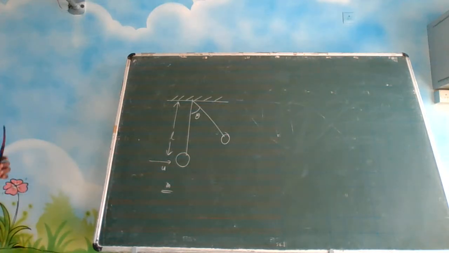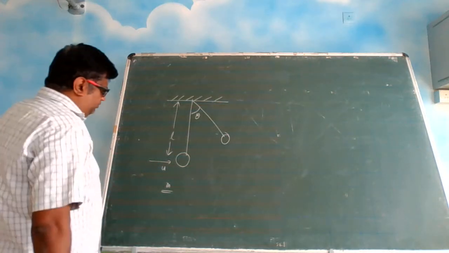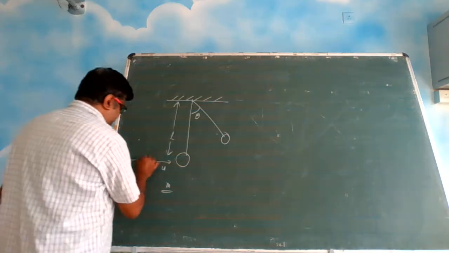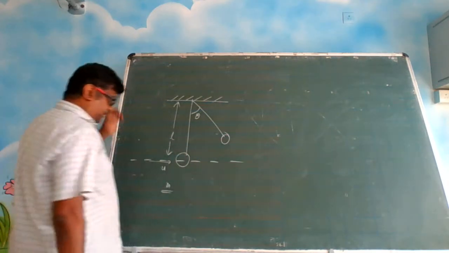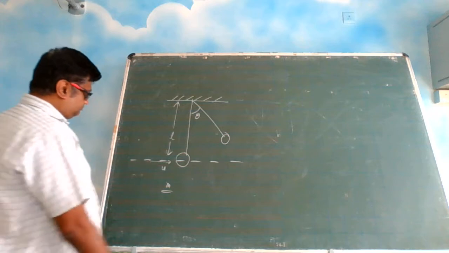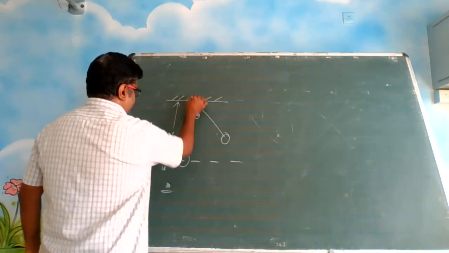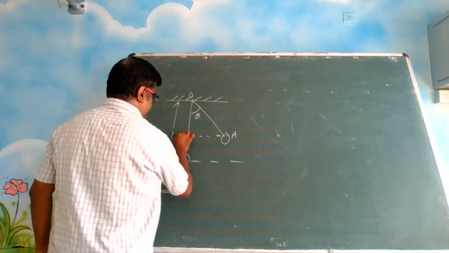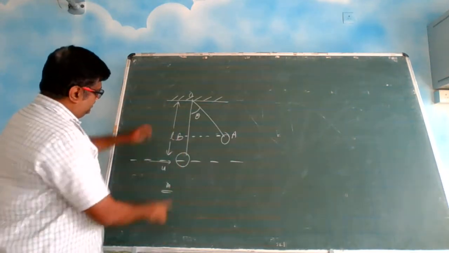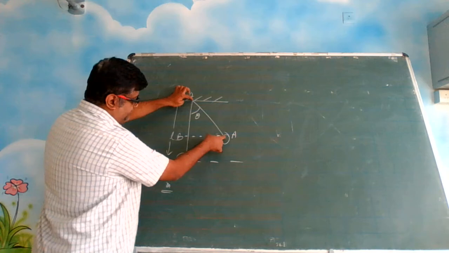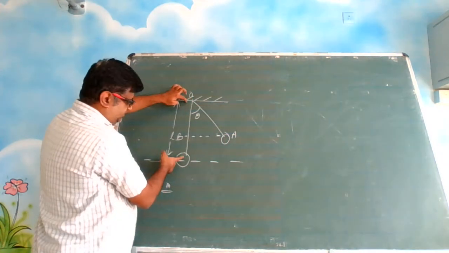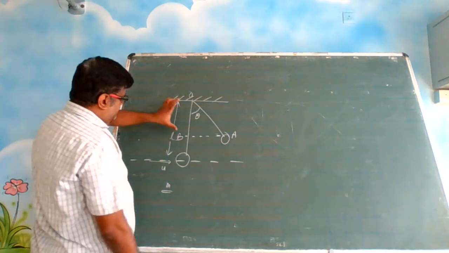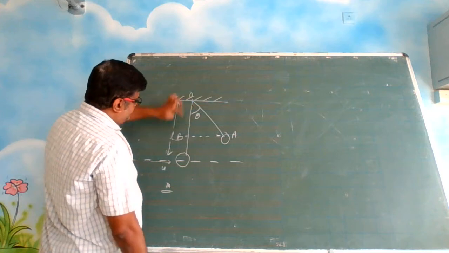So here also you can take this as the reference line. You can take the reference line as anything. So in this triangle, let us say this is OAB triangle. This total length is L. This is also L only, because the string length is not going to change. So what will be this length OB?